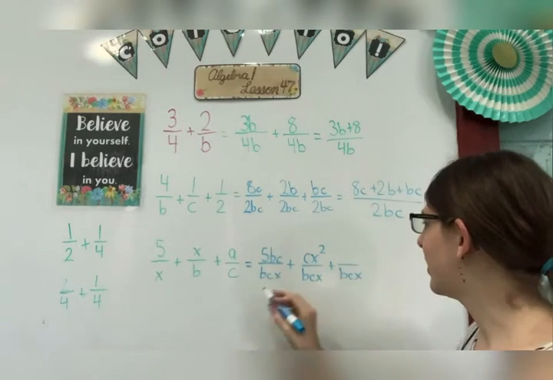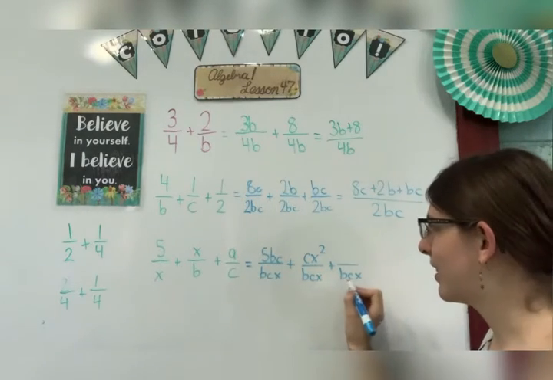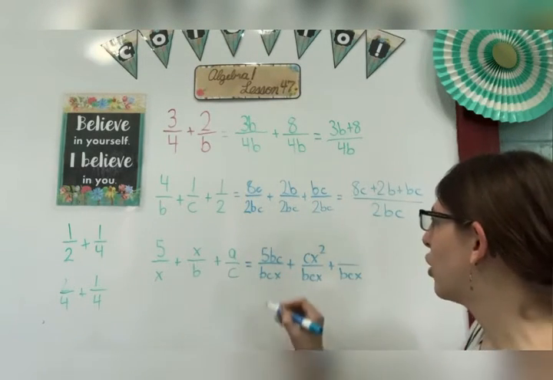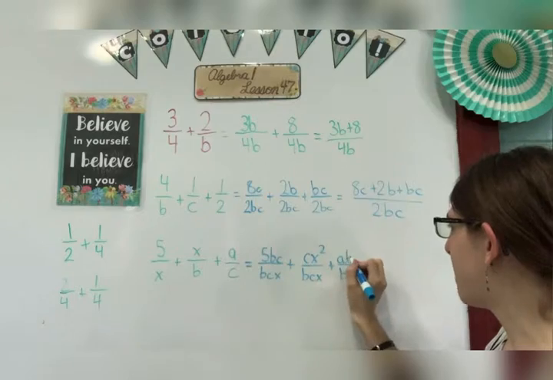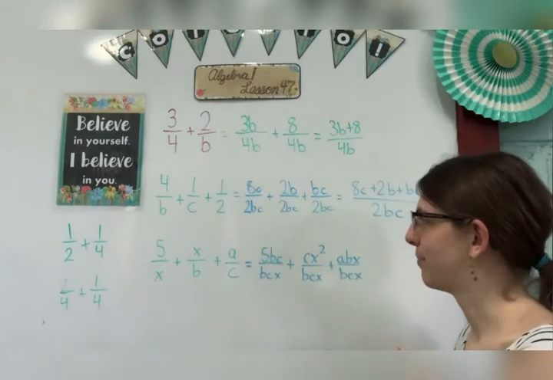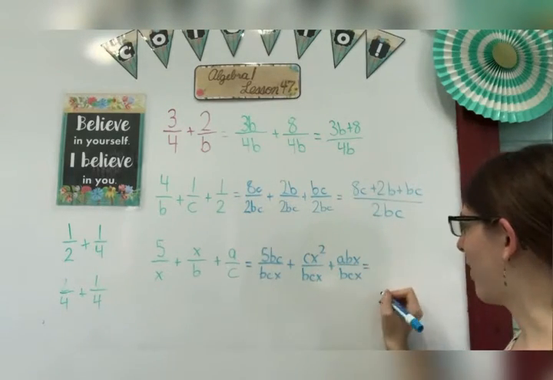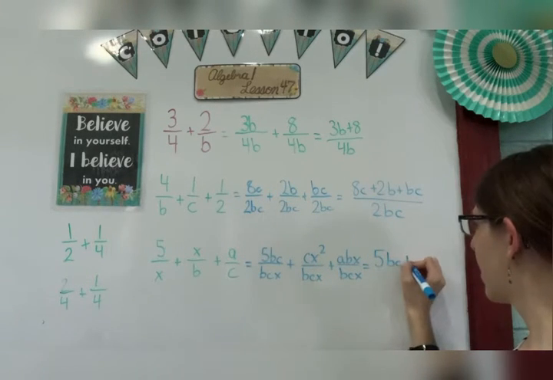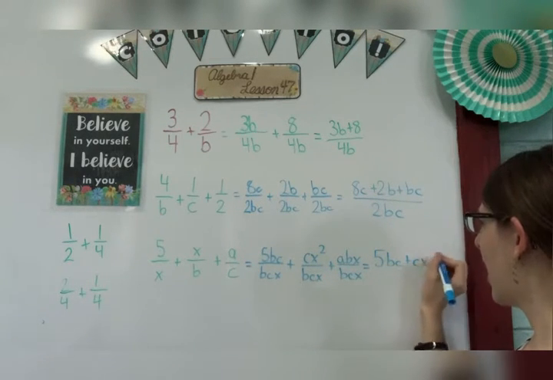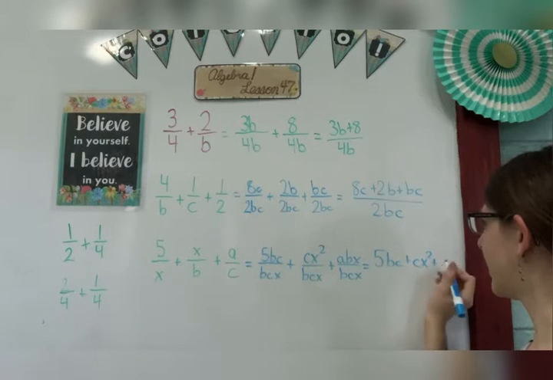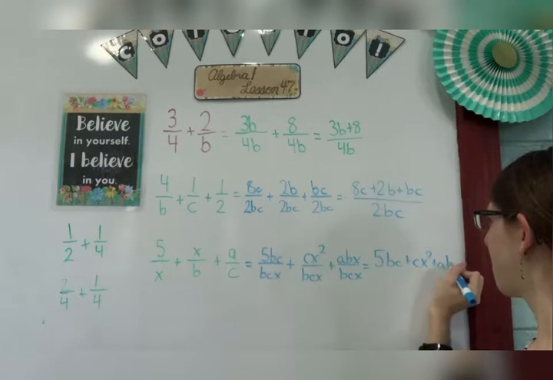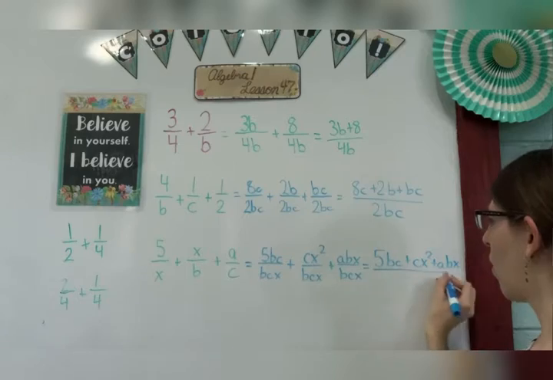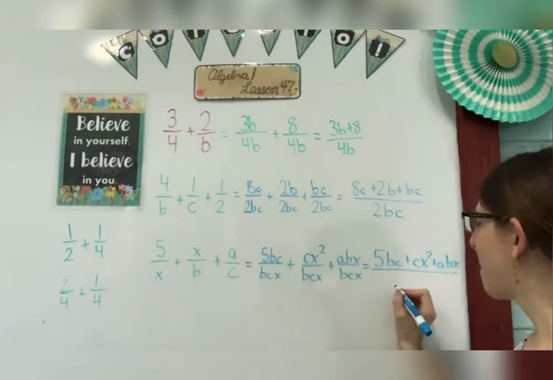Then A over C, I multiplied it by BX to get BCX. So it's ABX. So add that together, I have 5BC plus CX squared plus ABX over BCX.